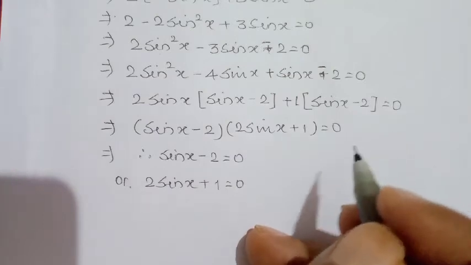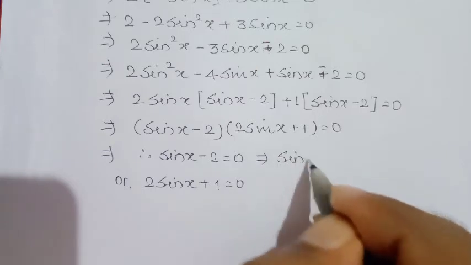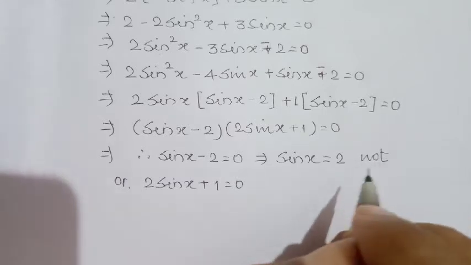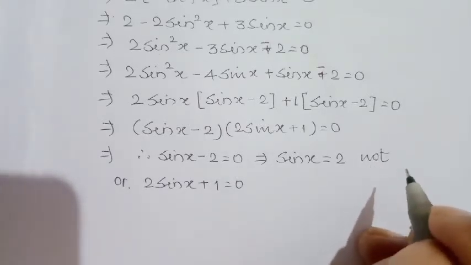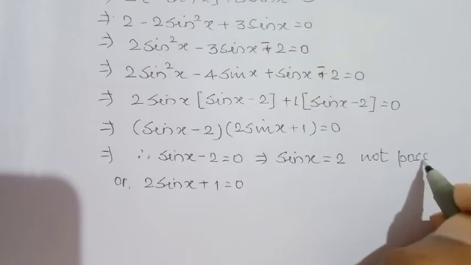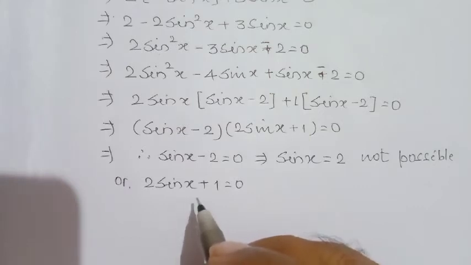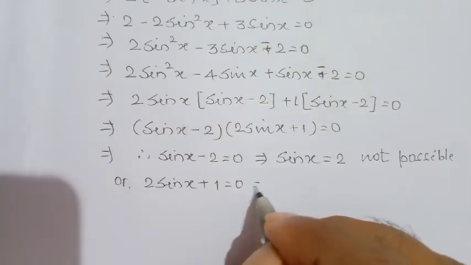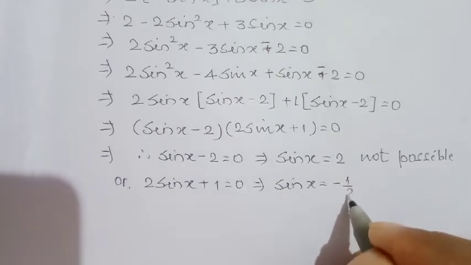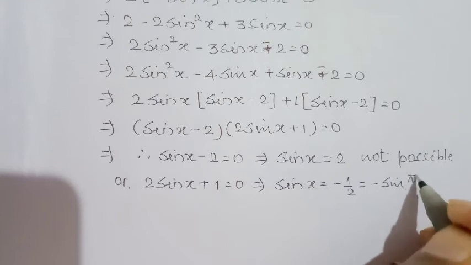So children, when sin x minus 2 equal to 0, it means sin x is equal to 2, which is not possible because the greatest value of sin x is 1. So we write here this value is not possible. Now when 2 sin x plus 1 equal to 0, it means sin x should equal minus 1 by 2, or minus sin pi by 6.